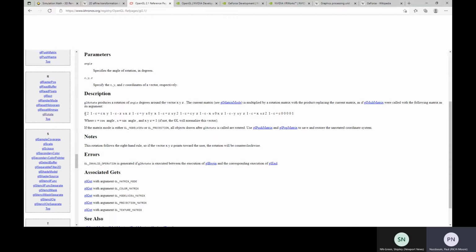And it performs the matrix math, which here is spelled out in algebra. It will handle taking the cosine and the sine and putting that into a matrix.